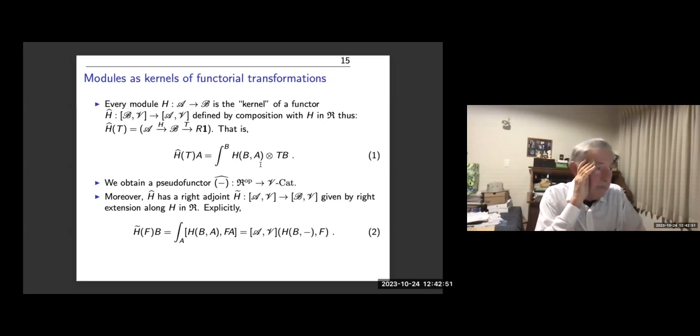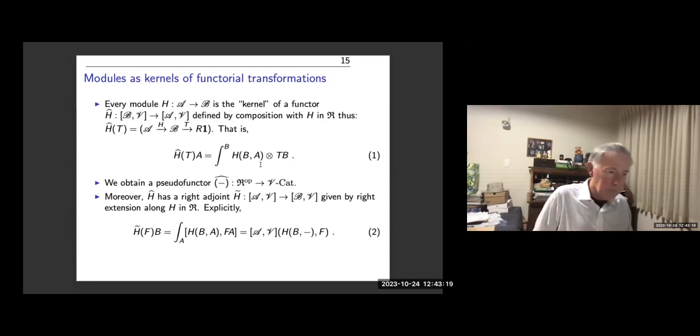And because you're using colimits to define it, you expect it to have a right adjoint, and it does. I'm calling that H tilde, and it goes back the other way, and it's just obtained by homming. H tilde of F at B is just this homming process.